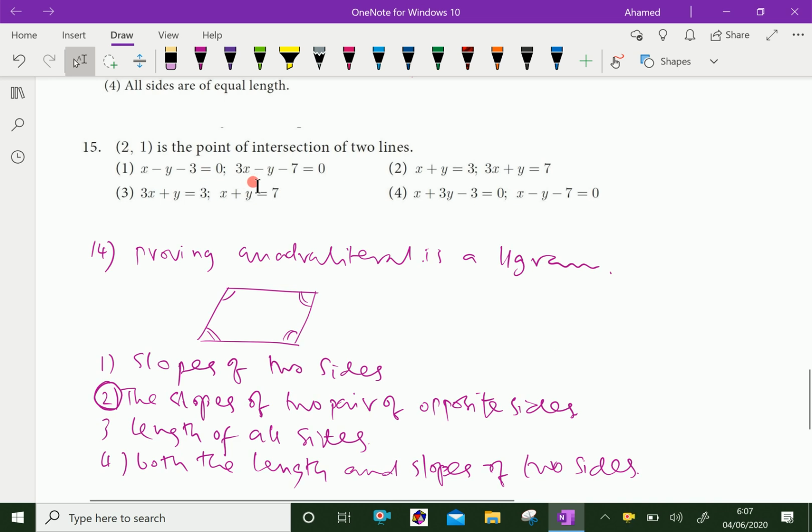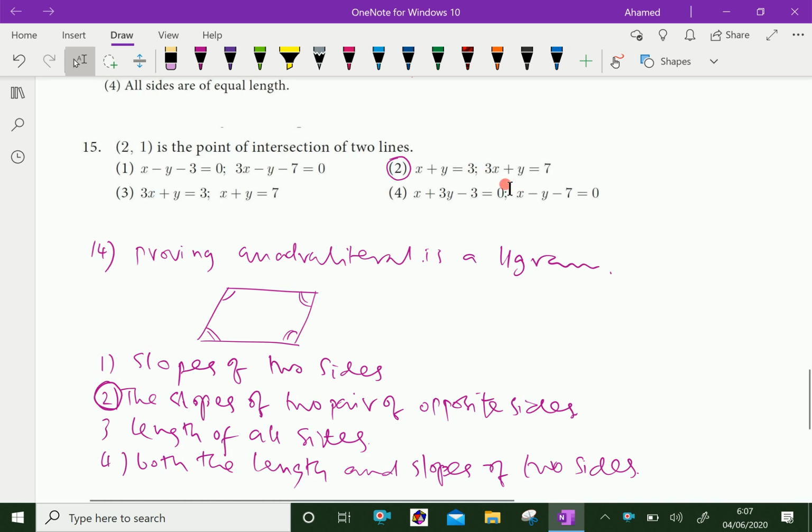Here 3x, 3 into 2 is 6, 6 minus 1 is 5, 5 minus 7 is not 0. Here x plus y, x is 2, y is 1, 2 plus 1 is 3. So option 2. This is satisfying. So 2, 1 is the point of intersection of the line x plus y equal to 3.